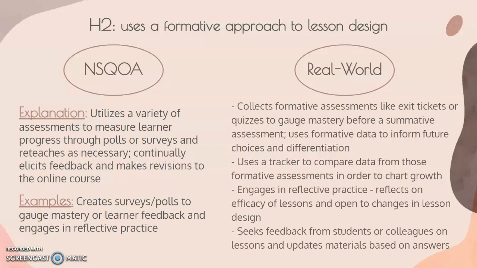You can use Canvas quizzes or Google Forms to gauge mastery before a summative, and then use that formative to inform future choices. But what makes this specifically for online courses is that a teacher can use a tracker. I used to use Mastery Connect, which was really helpful.